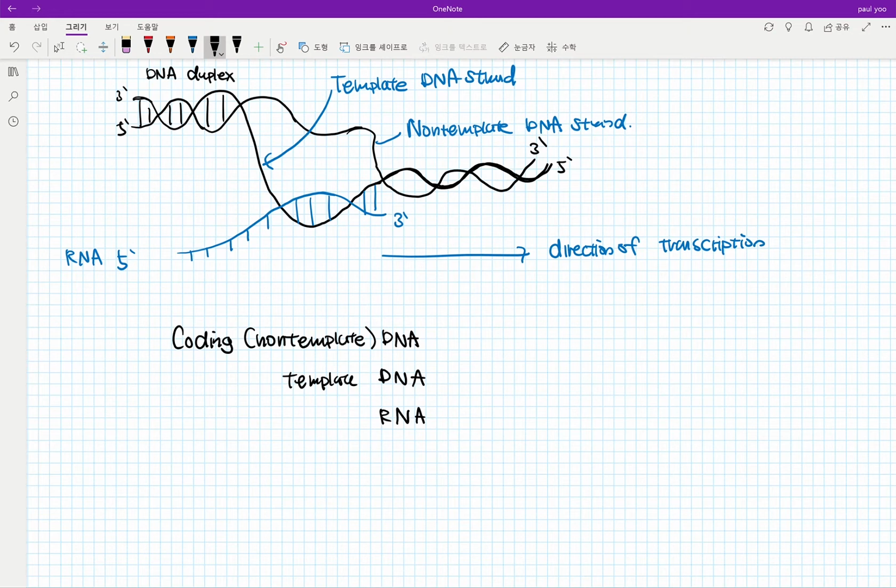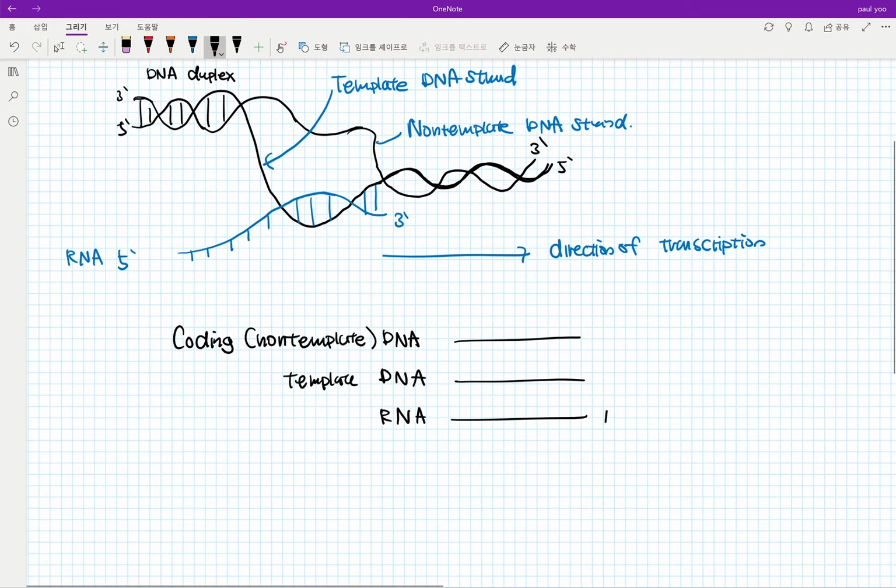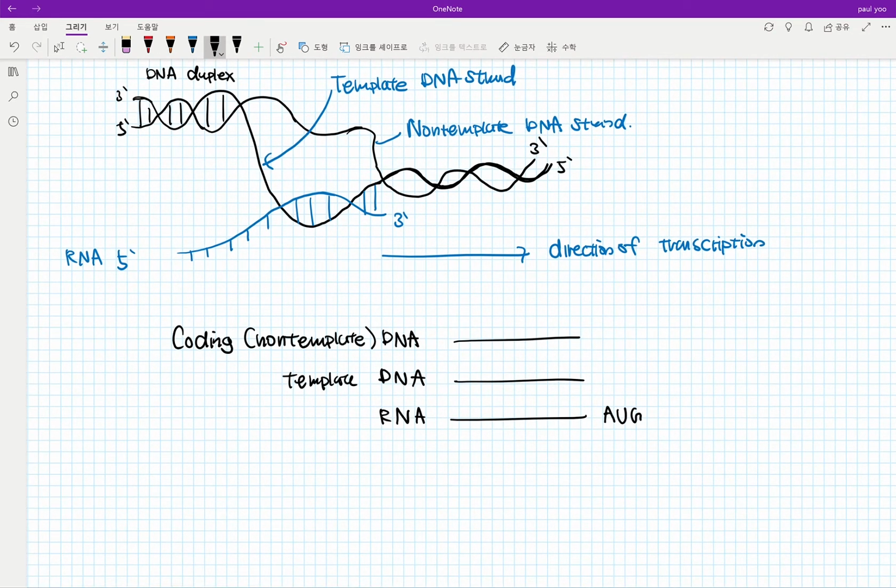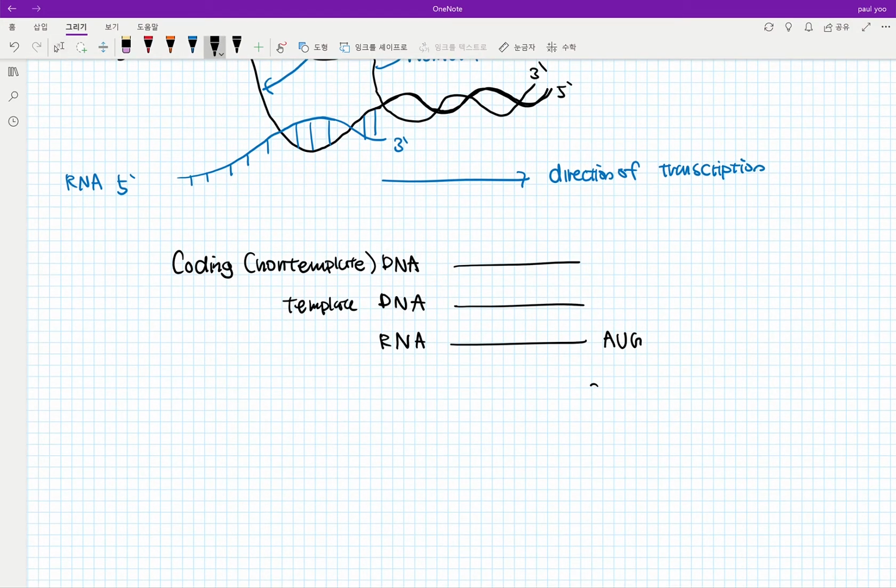When the base pairs match, we'll see AUG, which is the start codon, and TAC is going to be the pair from the template DNA, and we'll see ATG, which, T and U are different, distinct from RNA and DNA.